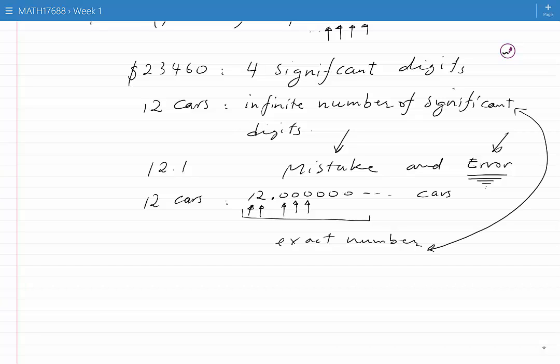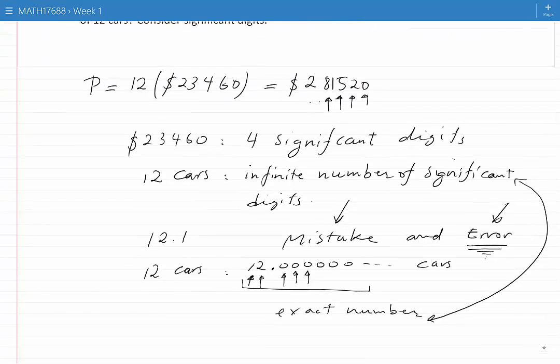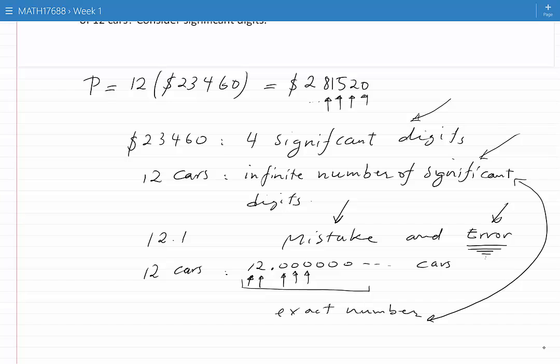What is the lowest number of significant digits in our problem? There are two numbers. One of them has infinite number of significant digits. The other one has only 4 significant digits. The final answer, therefore, must have 4 significant digits.